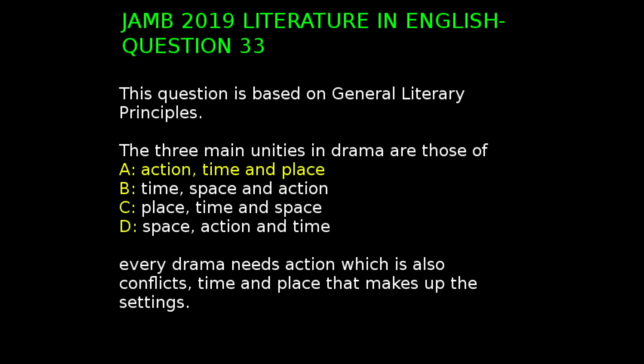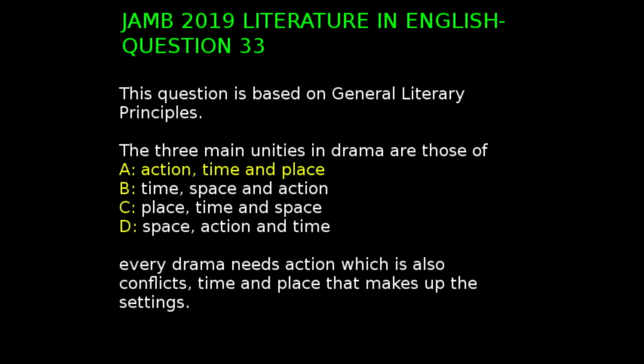It also needs a place setting. That is the environment or the geographical location where the play or story takes place. So every drama needs action, time, and place that all makes up the settings of the drama. So the correct answer for this question is A.